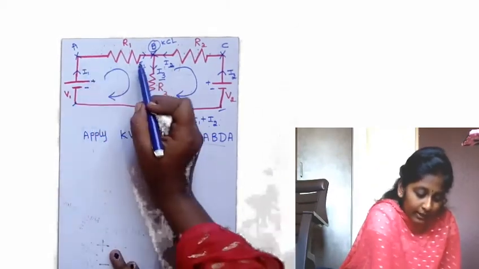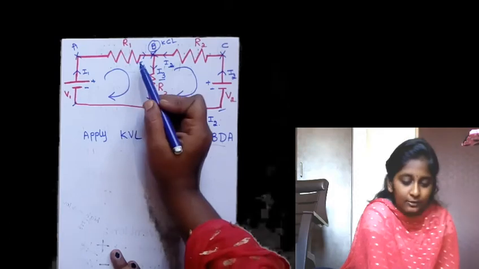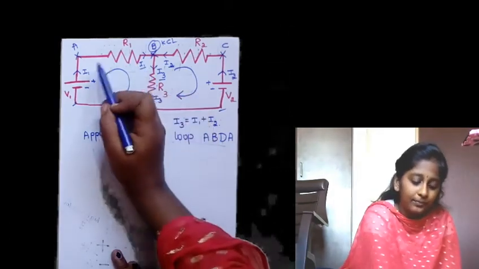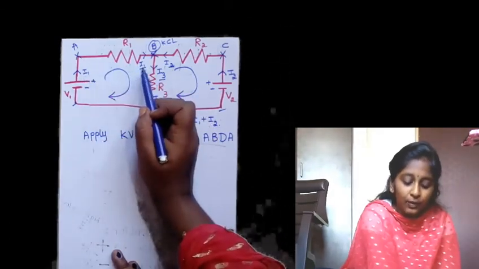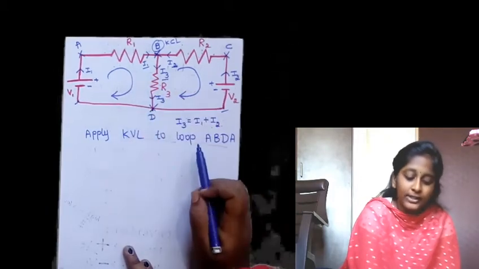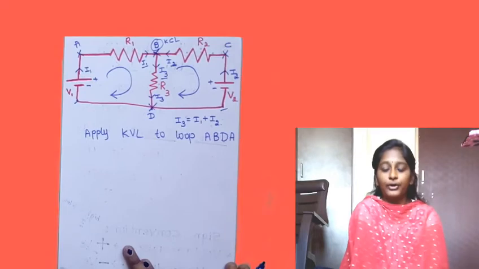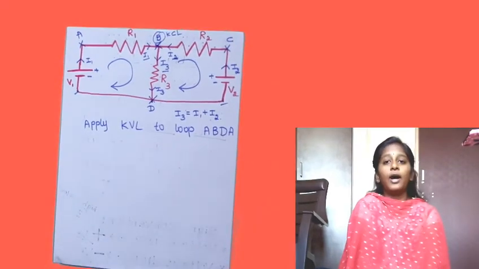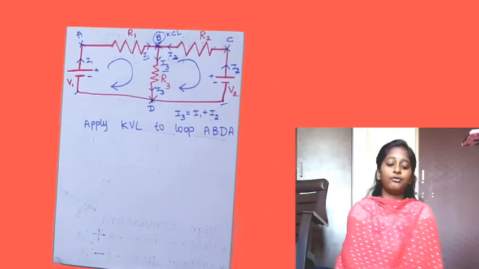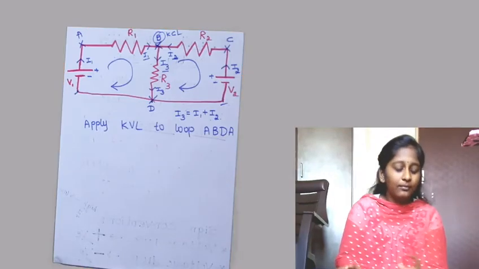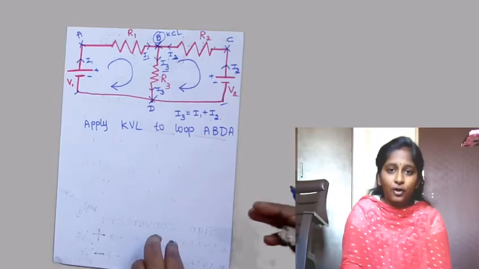First I am going to take the R1 resistor, that is one electrical element. I1 is passing through R1, that is, the voltage across this R1 will be I1 into R1, according to Ohm's law. Now I have to mention the sign convention for R1, that is the voltage drop across R1.